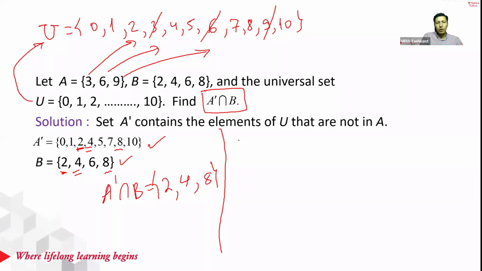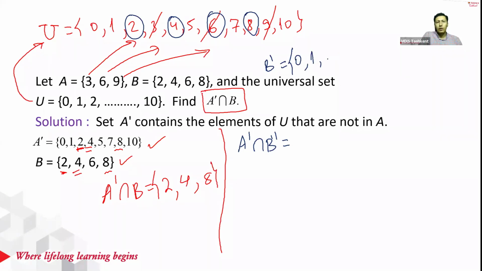So one more. Let's find complement of A intersection with complement of B. So let's find B complement first. So we have to take out 2, 4, 6, and 8. The rest you just copy here. So 0, 1, 3, 5, 7, 9, 10.